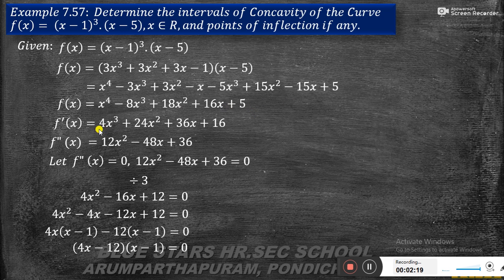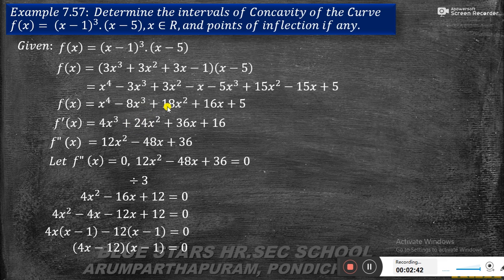The next step, now I take the first derivative, so differentiate with respect to x. f dash of x equal to: differentiation of x power 4 is 4x cube, minus 8 into differentiation of x cube, which is 3x square, so 8 threes are 24, minus 24x square.